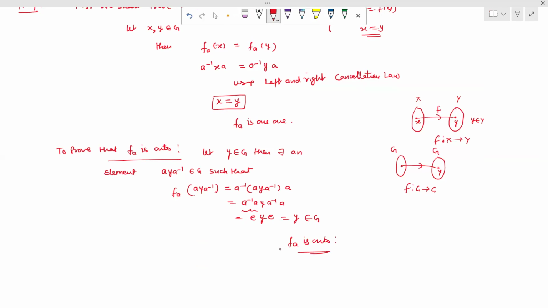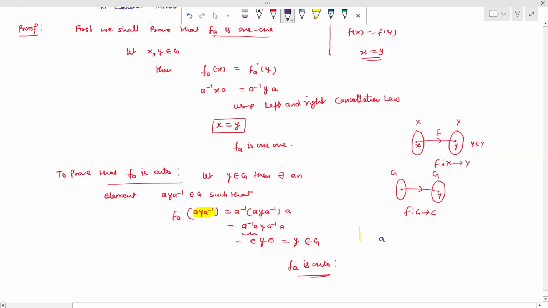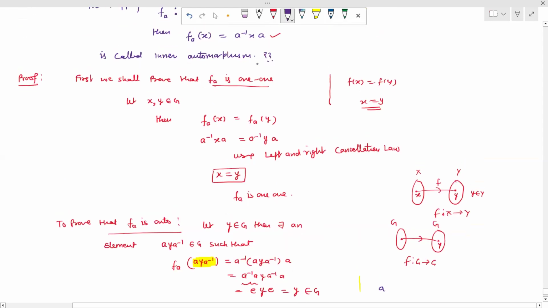So hope you understand. If not, so how to write this element? So we can elaborate this here. So we take a inverse. So we have the function a inverse into xa.